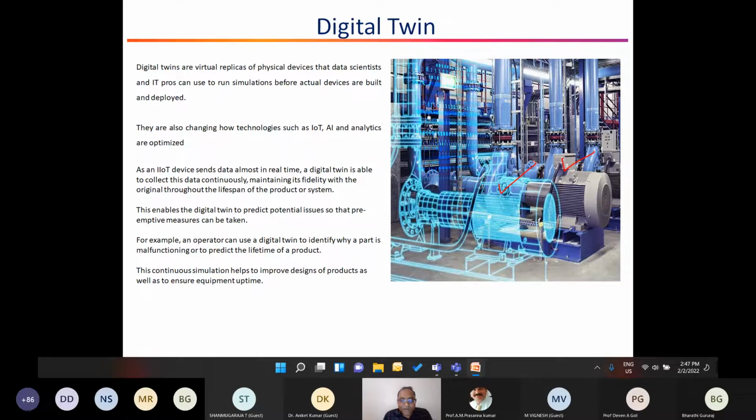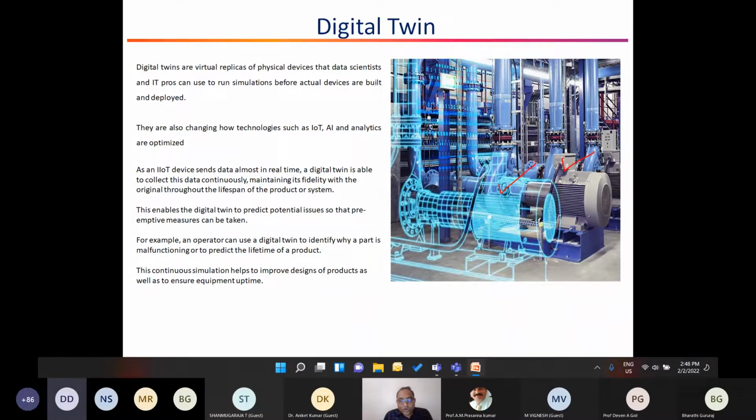For example, an operator can use a digital twin to identify why a part is malfunctioning, or to predict the lifetime of a product. Since we continuously take data in real time, we will always monitor the health of these machines, and we will be able to understand when the machine is possibly going to encounter some kind of concern, when we need to intervene, and then address those things, right?